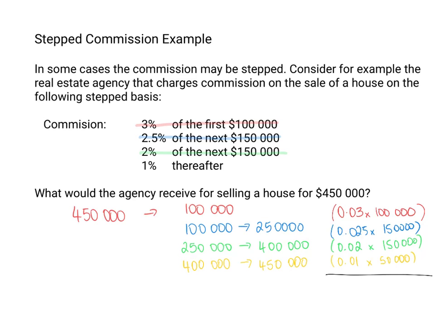So we're doing an addition of all of those, and that comes out at $10,250. So this real estate agency for selling a house for $450,000 will get $10,250 because they sold the house.